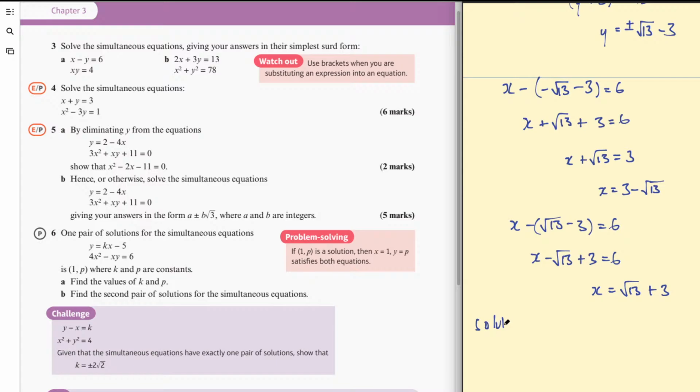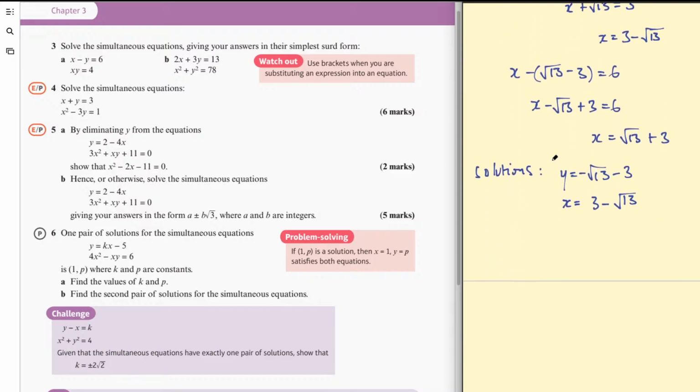So here my solutions are y equal to negative root 13 take 3 and x equal to 3 take root 13. This is actually not in GCSE, solving these with surds, I don't believe.